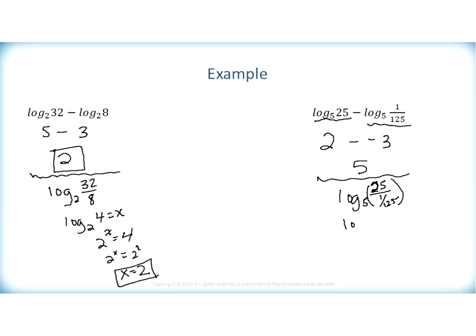This would give us log of 3,125 base 5, which, since 3,125 is 5 to the power of 5, let's still set it equal to x. We can do it this way. Change it to exponential form. 5 to the x equals 5 to the power of 5. So x equals 5.